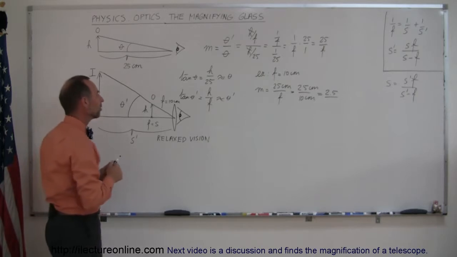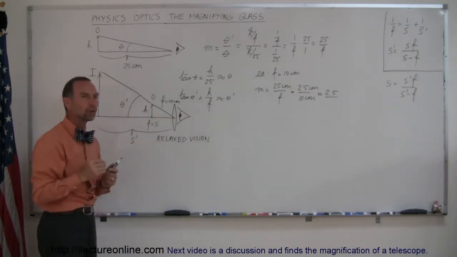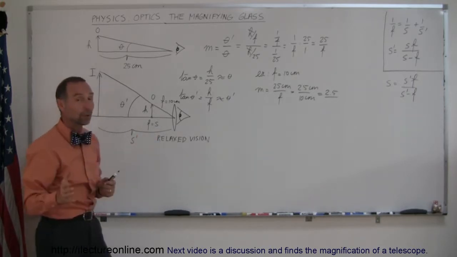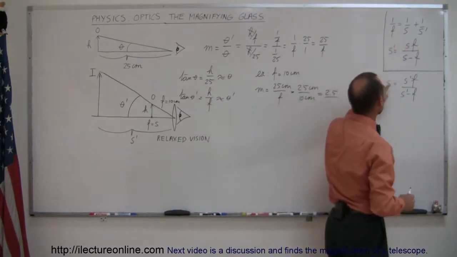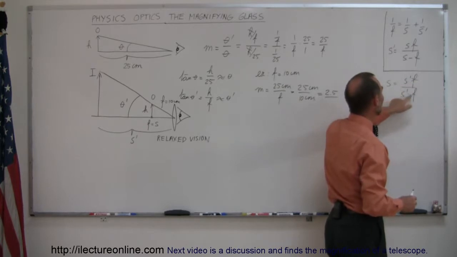What that really means is that you're going to place the object at or just very near the focal point. And if s then is very close to f, and we go back over here and we realize that if we take the lens equation and solve it for s, that means that s is equal to s prime f divided by s prime minus f.